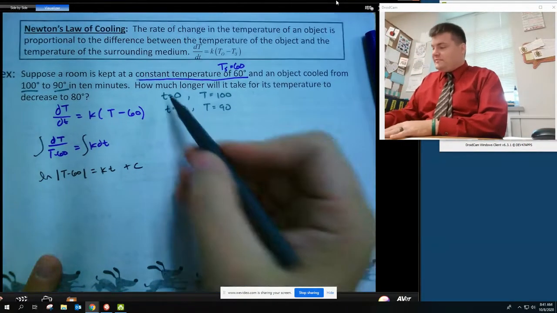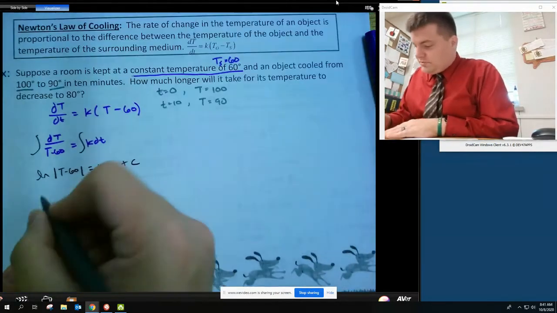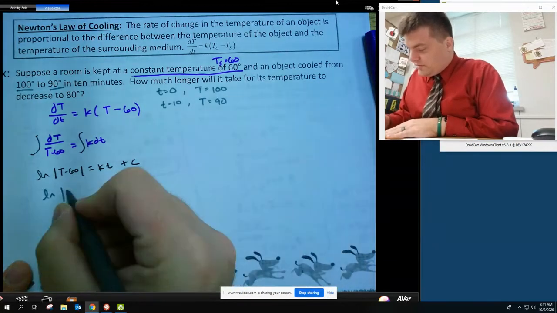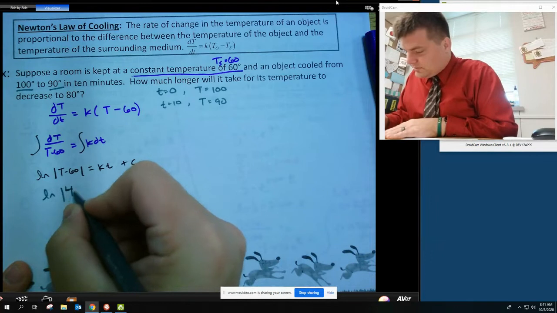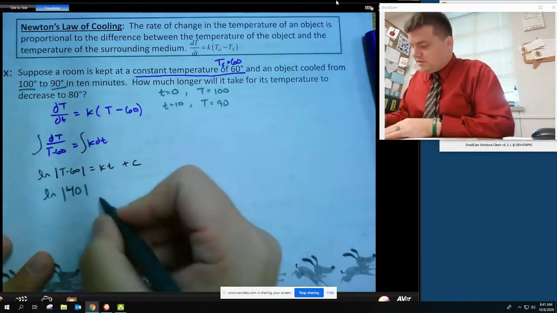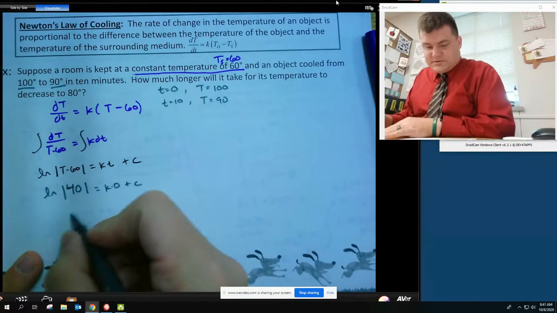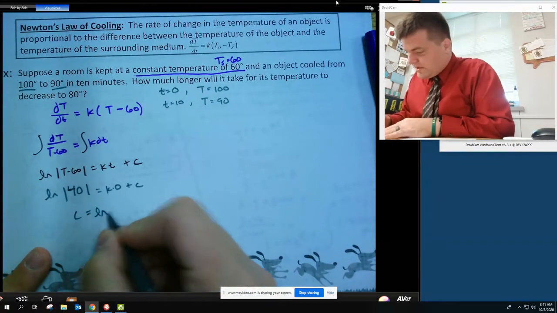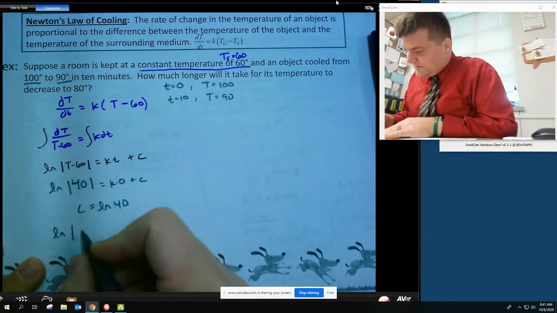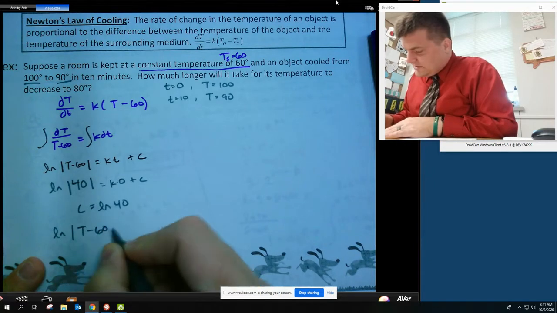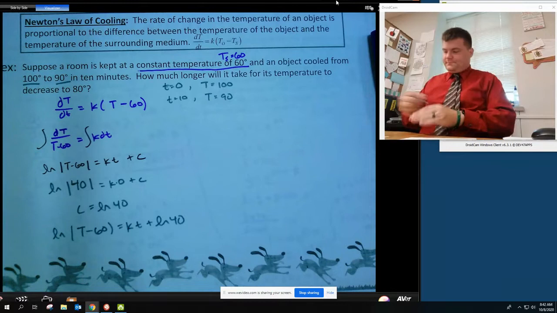I want to plug in this first statement because I can get rid of the k value to find my c value. So ln of 100 minus 60, which is 40, which I don't know the absolute value at this point, equals k times 0 plus c. So c is going to equal ln of 40. Awesome. So I'm going to get ln of T minus 60 equals kt plus ln of 40.